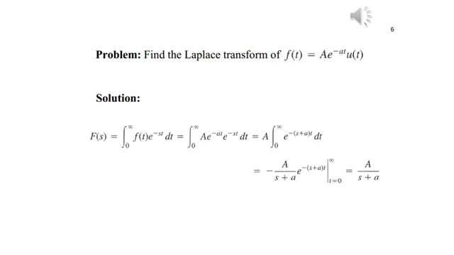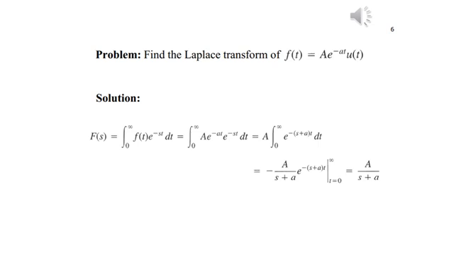In this equation, if we apply the same formula of Laplace transform, we multiply f of t with e raised to the power minus st and integrate over time from 0 to infinity. This 0 to infinity will include the limit of u of t. U of t just tells that it starts from 0 and exists till time t is equal to infinity.